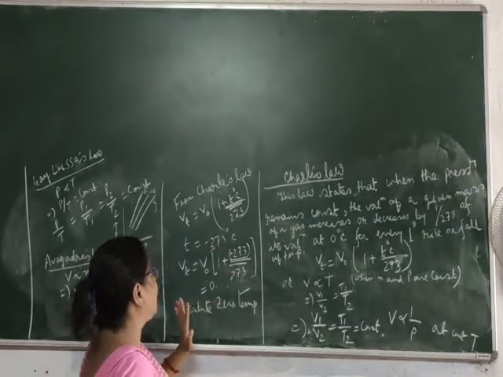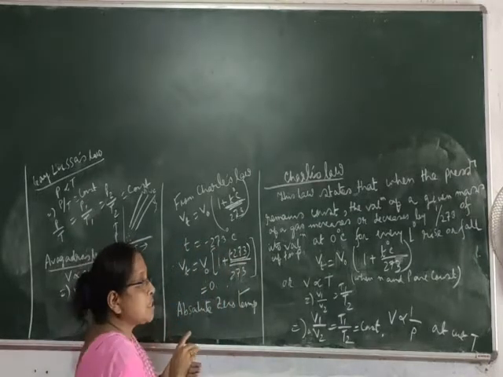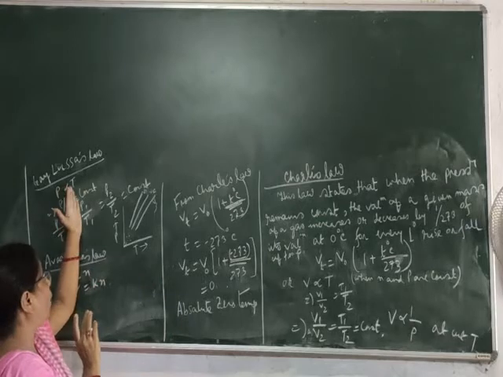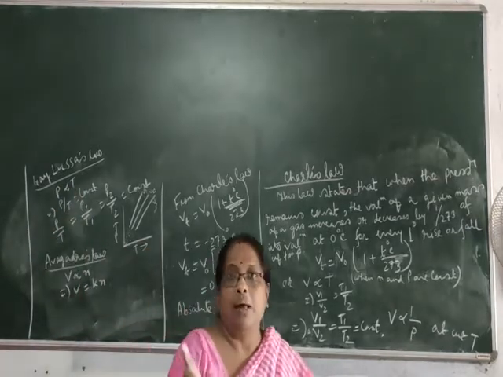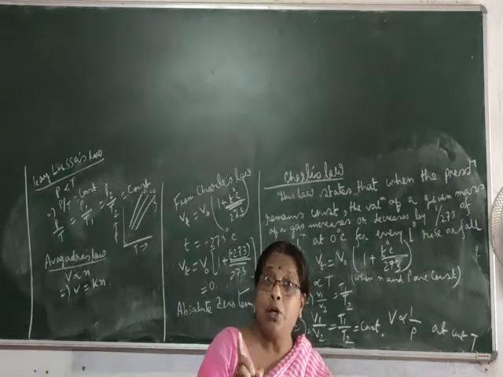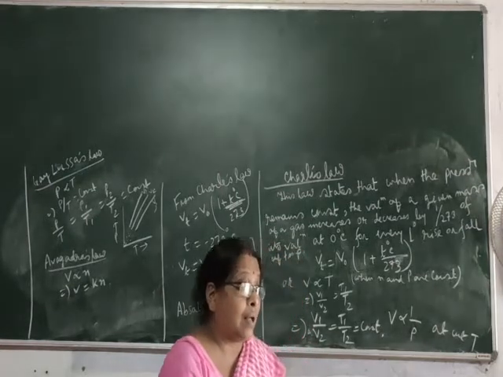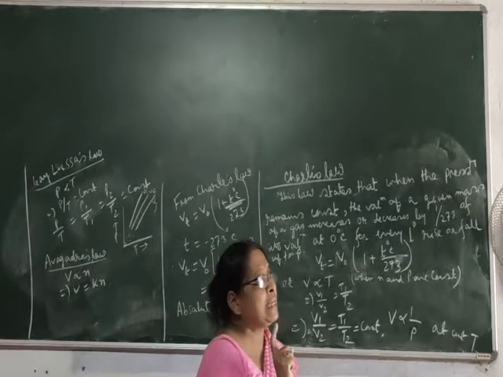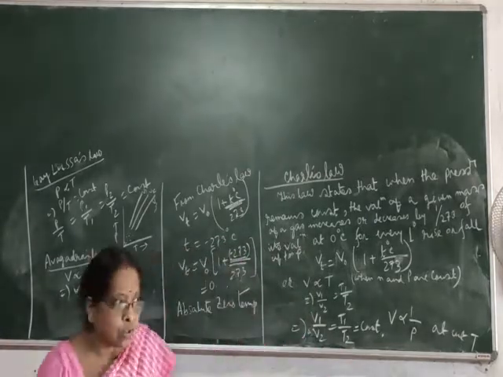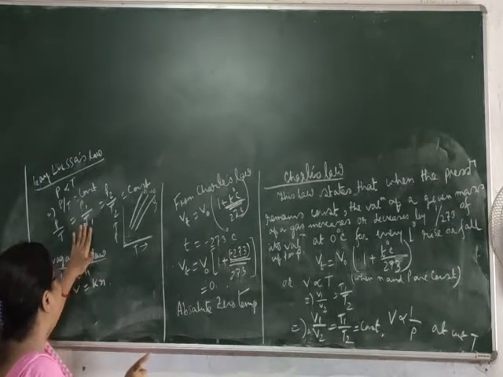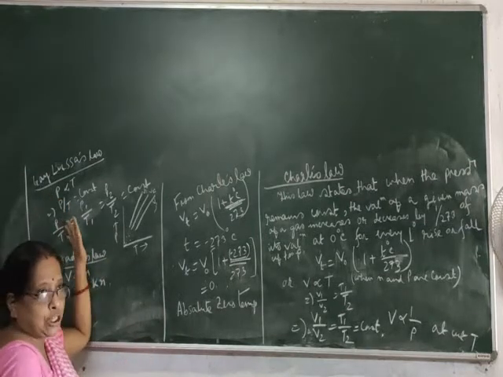Then another law is known as Gay-Lussac's law, and this is the pressure-temperature relationship. We have found Gay-Lussac's law of gaseous volume in our previous unit, but here it is the pressure-temperature relationship.